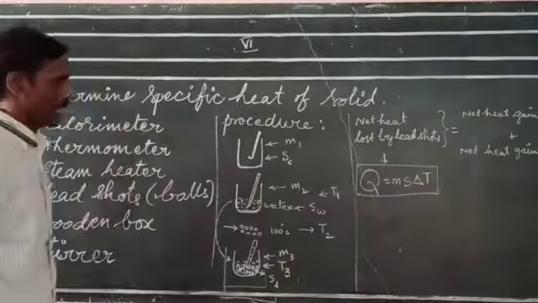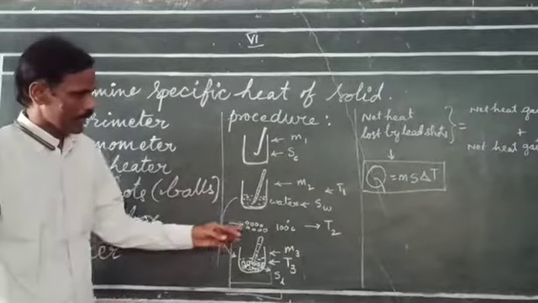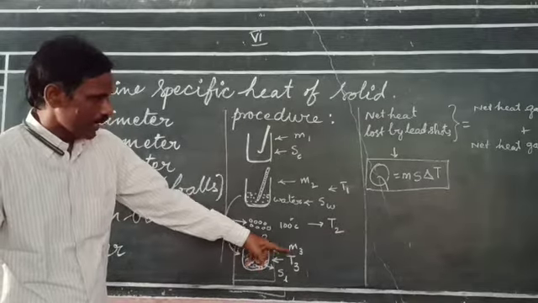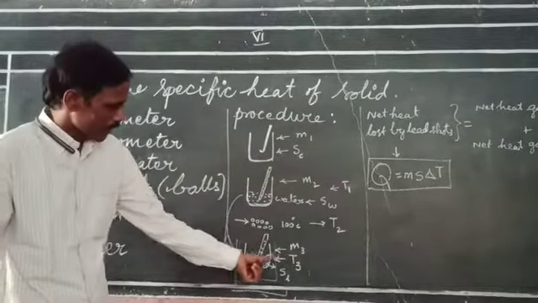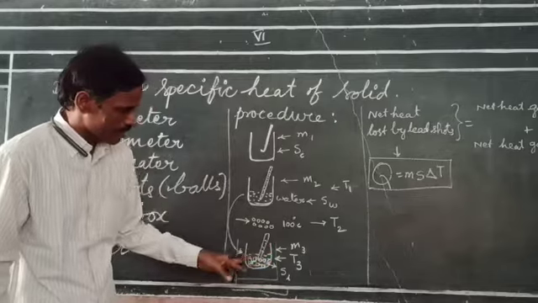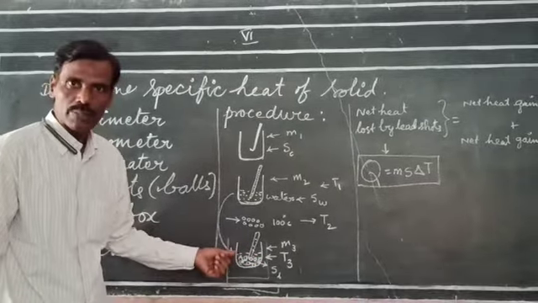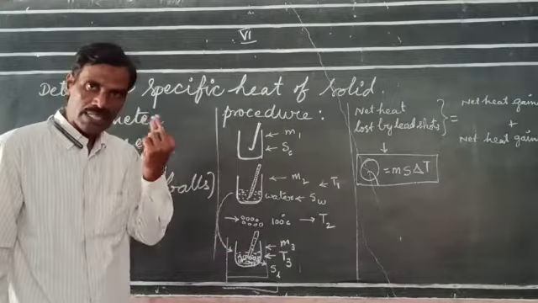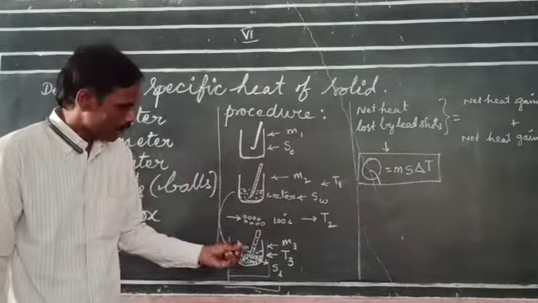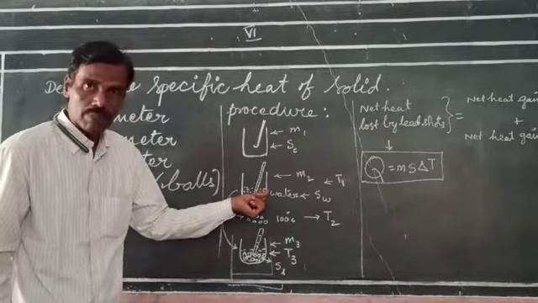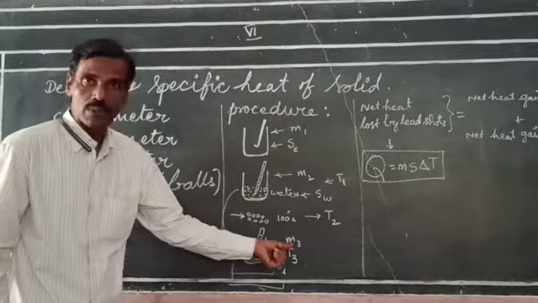Mass of lead shots can be found by subtracting M2 from M3, because M3 is the mass of contents including lead shots, water and calorimeter. If we need to find the mass of lead shots, we have to subtract the mass of water plus calorimeter from the mass of the contents.